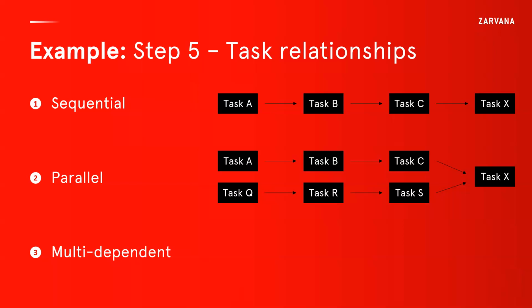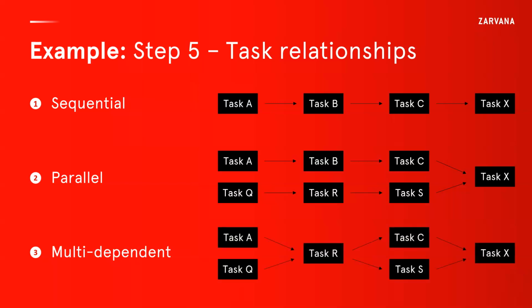Those are not dependent on each other, at least for the most part. They can happen at the same time, but eventually they need to converge to complete the ultimate objective of building the property that's been asked for. So that would be an example of parallel.